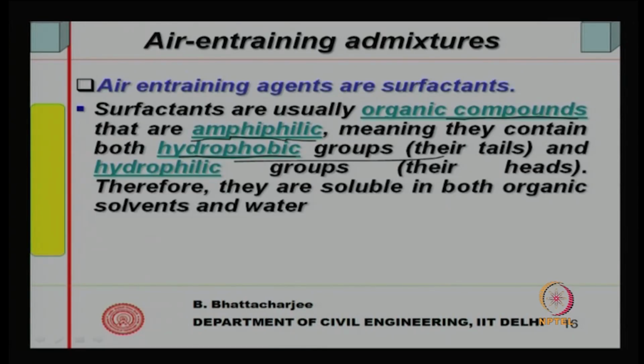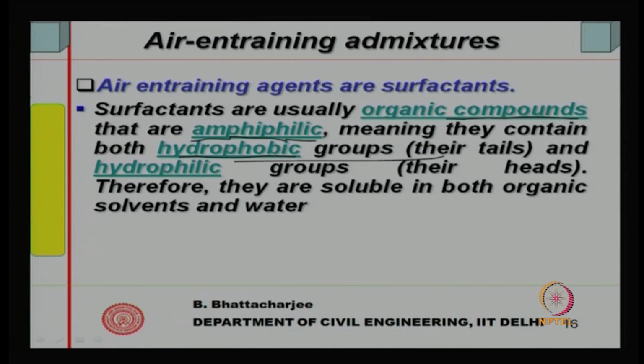Hydrophobic tails and hydrophilic heads. What is hydrophobic? It will push the water away, reject the water. Hydrophilic goes well with the water. Since they are hydrophilic, they are soluble in water, and they are also soluble in organic solvents.